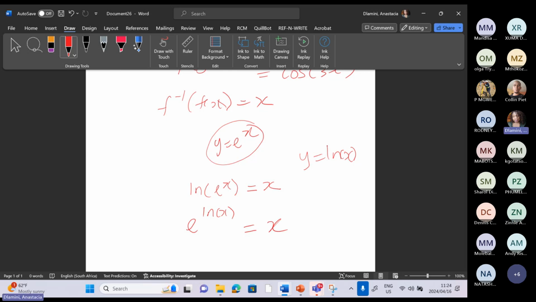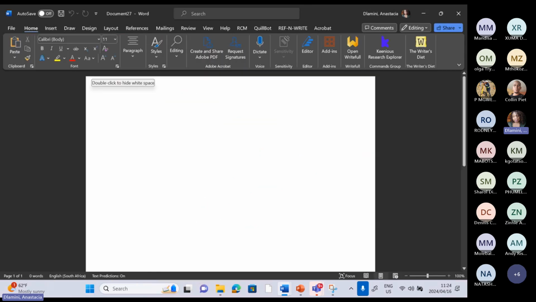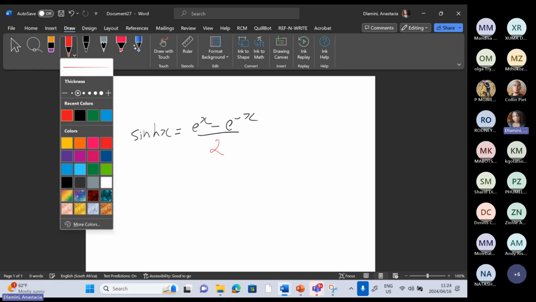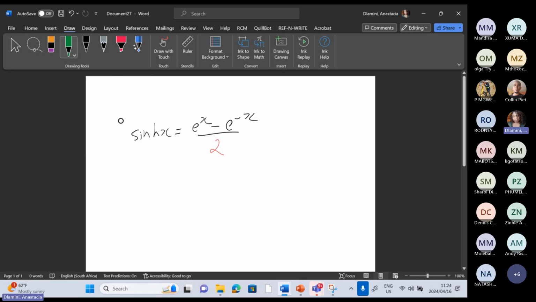Now, if we go back to page 62, you notice that when we were defining sinh, the hyperbolic sine of x, we said e to the power of x minus e to the power of negative x, over 2. So it does make sense that the arcsinh, the inverse of the hyperbolic sine of x, should be a ln function, because if we have an exponential function and you find the inverse, you'll get a log function.